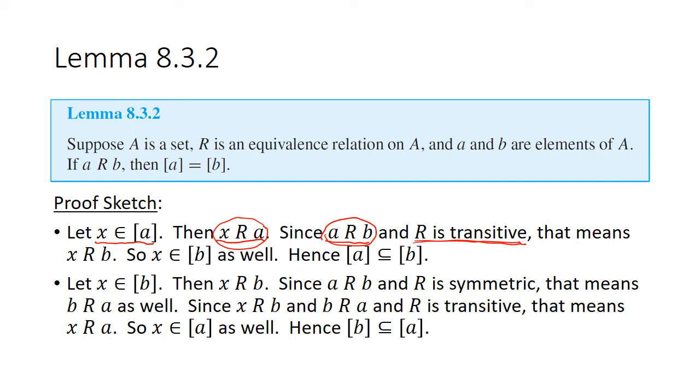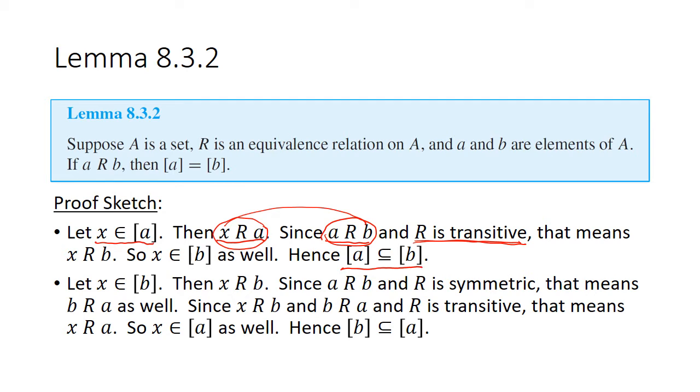So we can go all the way from X over to B and say that X is related to B. That means X is in the equivalence class of B as well. We started with X being in the equivalence class of A, and showed that it also had to be in the equivalence class of B. That means the equivalence class of A is a subset of the equivalence class of B.